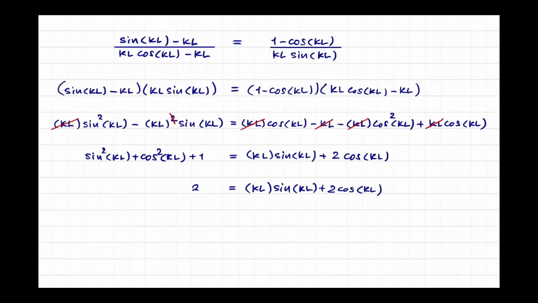Anyway to solve it explicitly. I don't want to jump to the computer now. Think of it a little bit. Should there be any possibility? KL multiplied by sine, so we cannot collapse these two things, right?